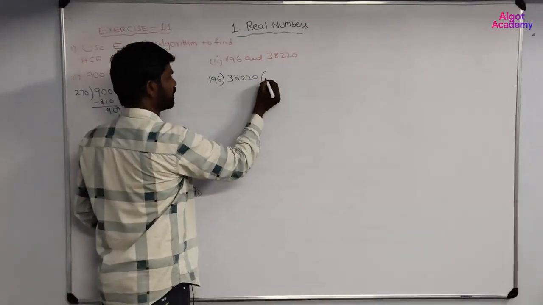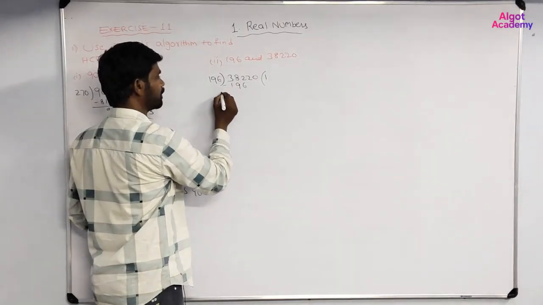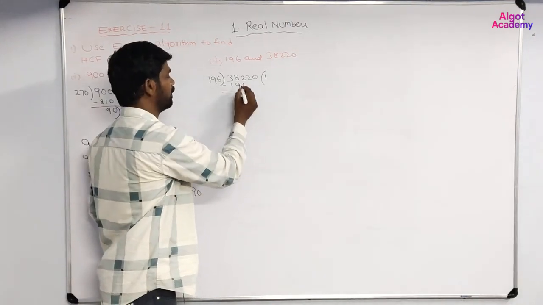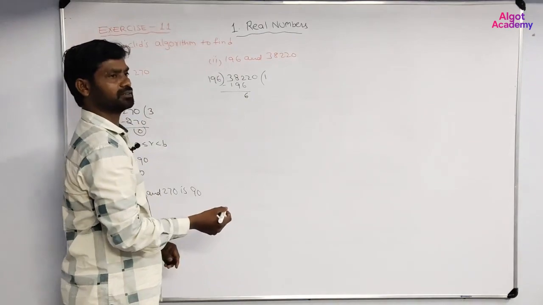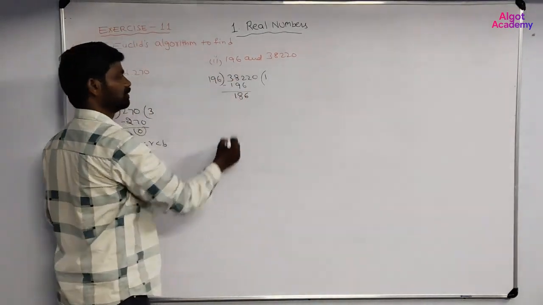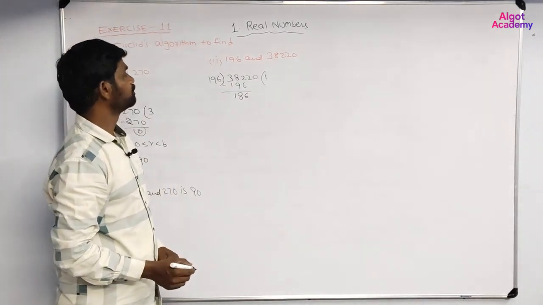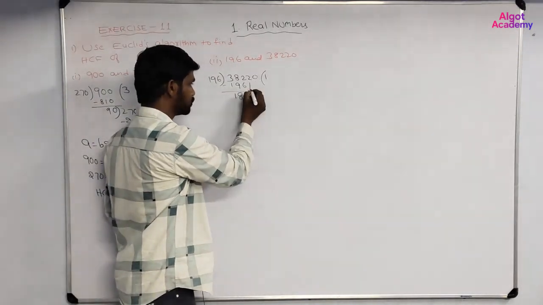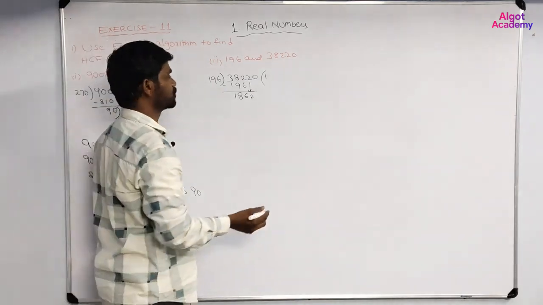Let us write 196 once is 196. Subtract: 12 minus 6 is 6. Next, 7; if we carry 1 here, 17 minus 9 is 8. Next, 2 minus 1 is 1. Okay, next, bring down 2 and it becomes 1862.